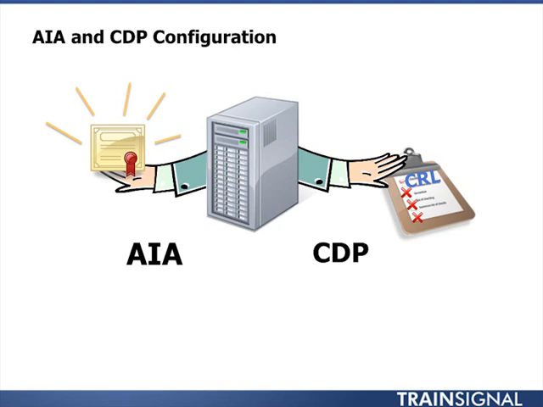CDP is the other side of that. The C in CDP really is short for CRL, the Certificate Revocation List. So what's the DP part? The DP is a distribution point. So this is a CRL distribution point, or Certificate Revocation List distribution point configuration setting.